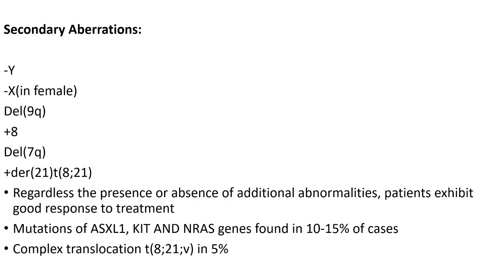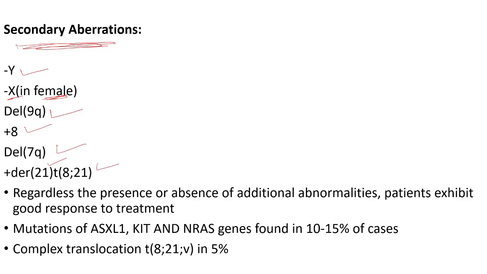The cells that possess translocation 8;21 also show some secondary chromosomal aberrations, meaning some extra chromosomal abnormalities, and the examples are loss of chromosome Y, loss of chromosome X in females only, deletion 9q, trisomy 8, deletion 7q, and derivative chromosome 21 formed due to translocation 8;21.